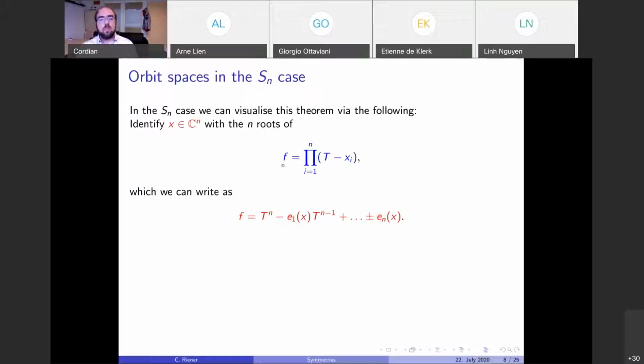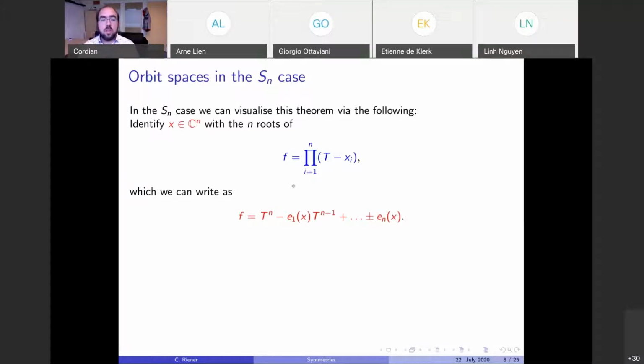How do we do this? We just define f to be the product of the linear factors t minus x_i. So t minus x_i is a polynomial in t, with coefficients that are themselves polynomials in the small x's. We don't care about this.